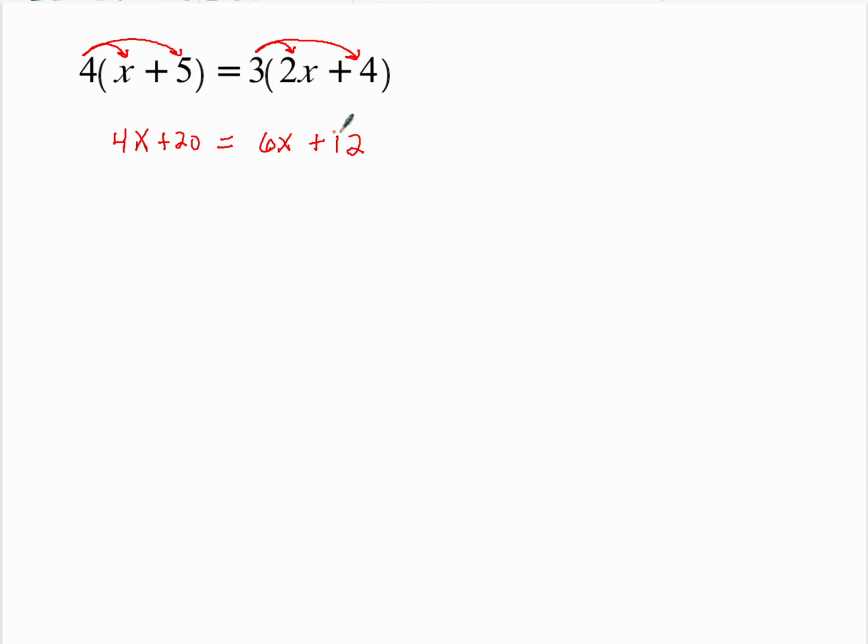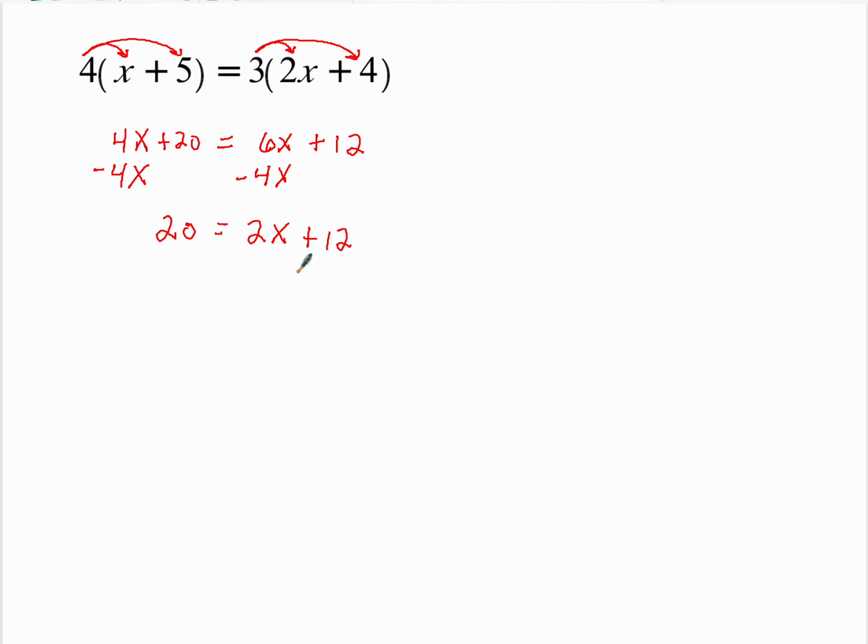Now these are the equations we've been doing for the last couple of days. So first thing I need to do is look at my 2 variable terms. I've got a 4x and a 6x. So I want to subtract the 4x. That's the smaller of the 2 values. Subtract 4x, and that would be 20 equals 2x plus 12. And now I want to leave this x alone.